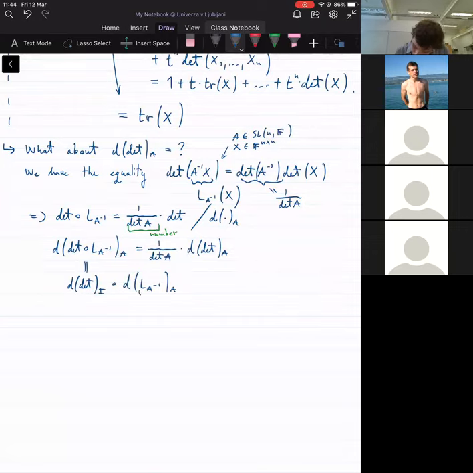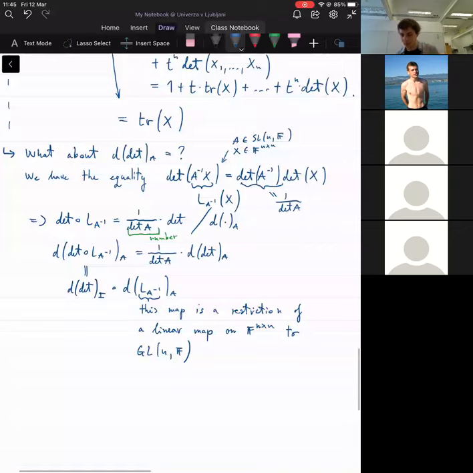Well, but this map here is a restriction of a linear map. So a linear map on F^{n×n}, not to a linear map, but to a map which is open.